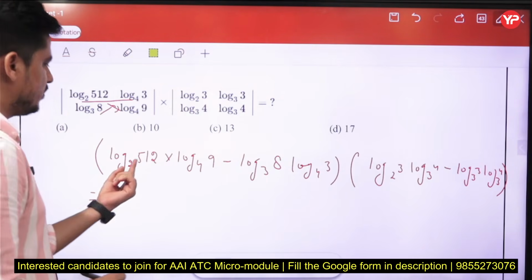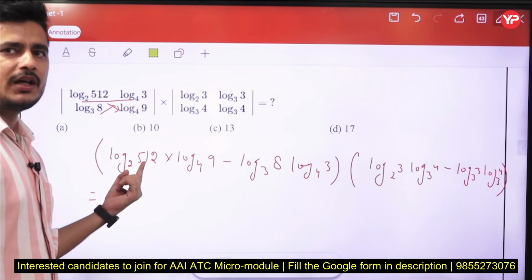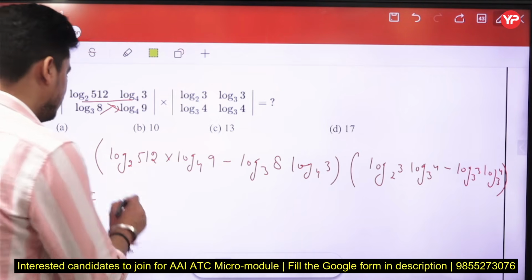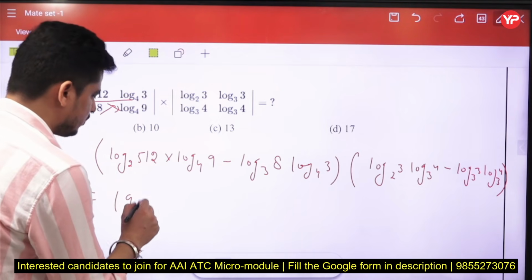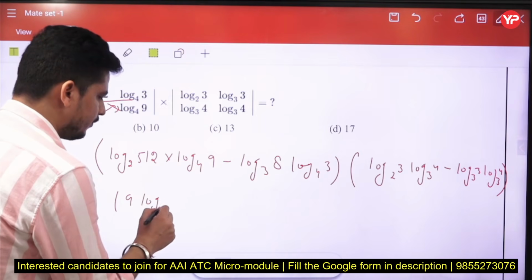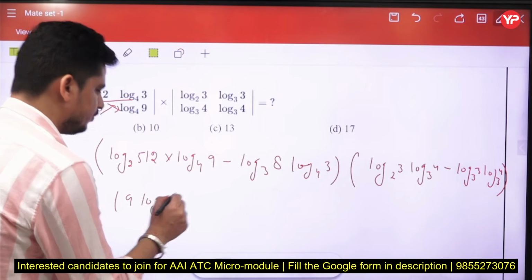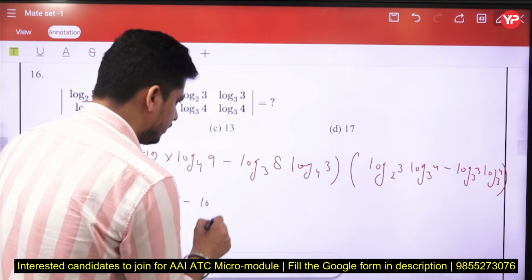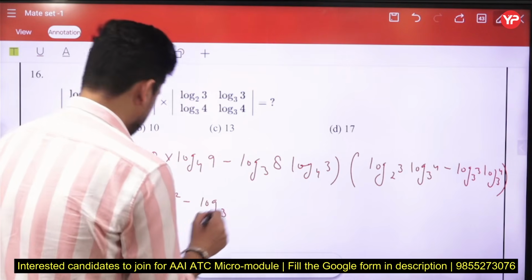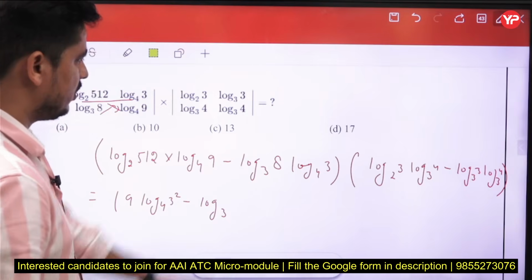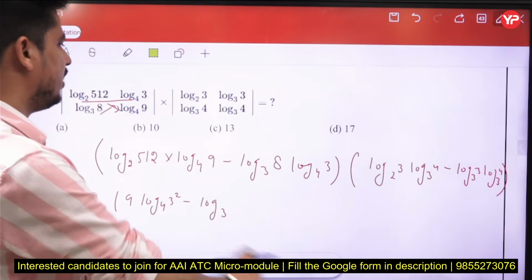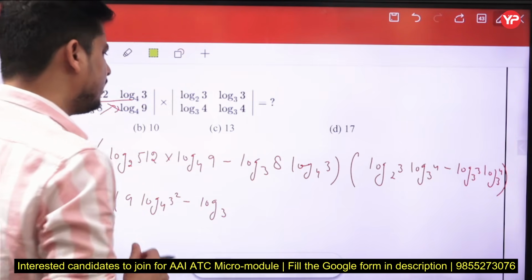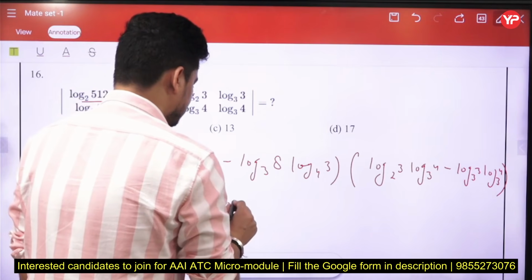See, first thing is that 512 can be written as 2 raised to power 9. So we can write it as 9 times log of 4 base 3 to the power 2. Correct. Next one is what? Minus log of 3 base 8. 8 can be written as 2 to the power 3.